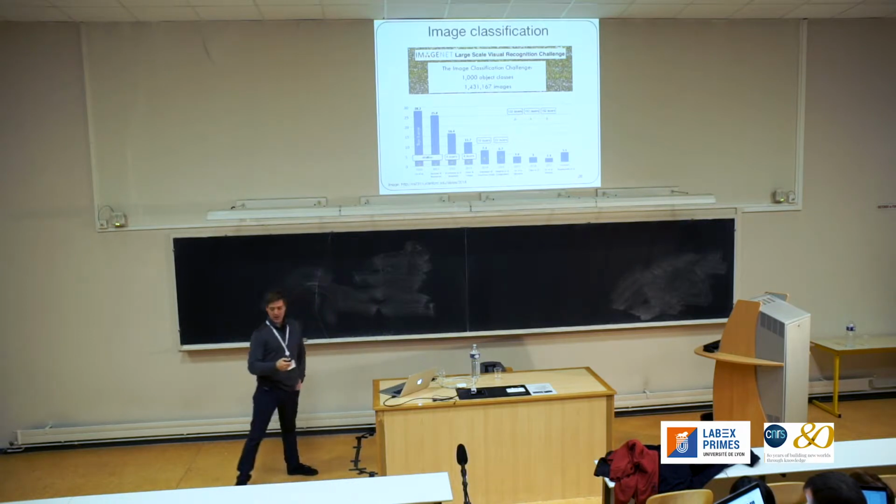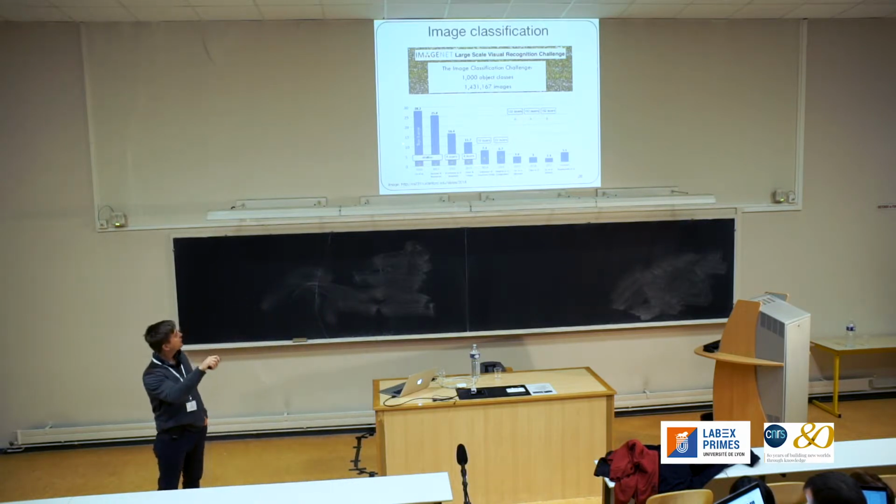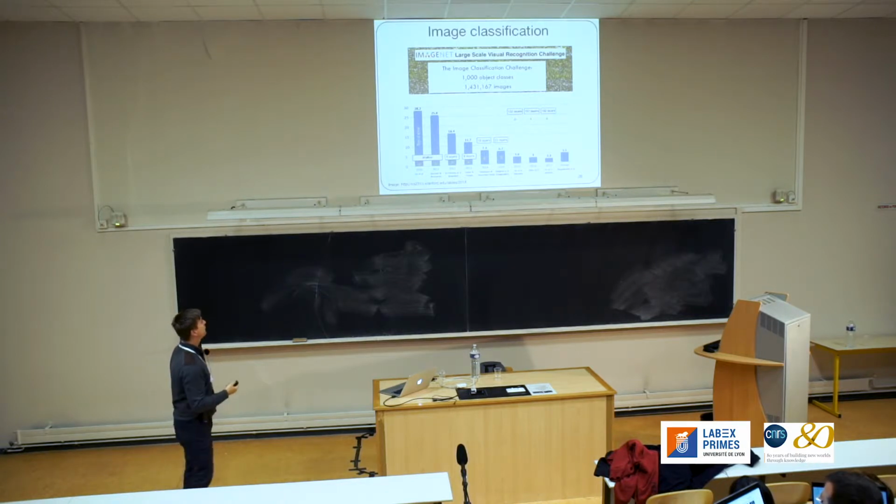These are the results of the challenge, from 2010, when it originally started, to the last edition of the challenge in 2017. The blue bars that you see are the top 5 error.